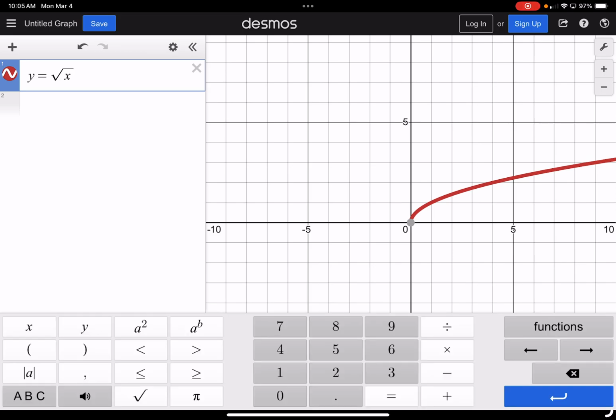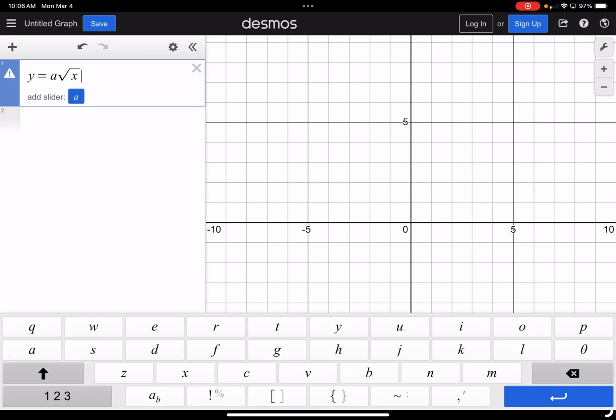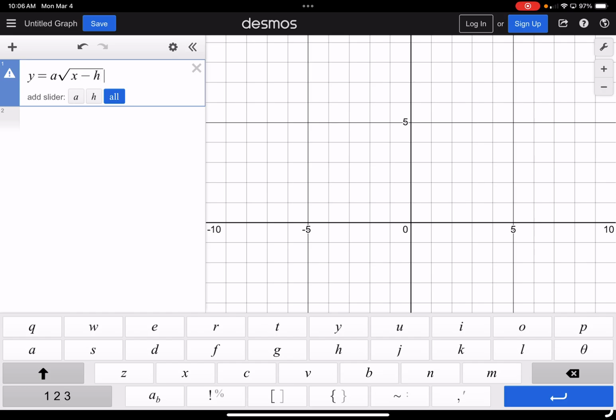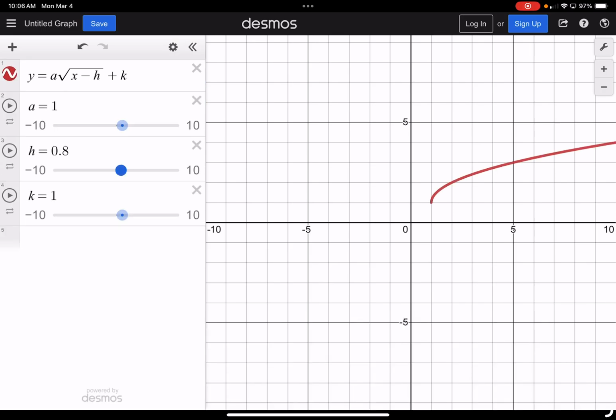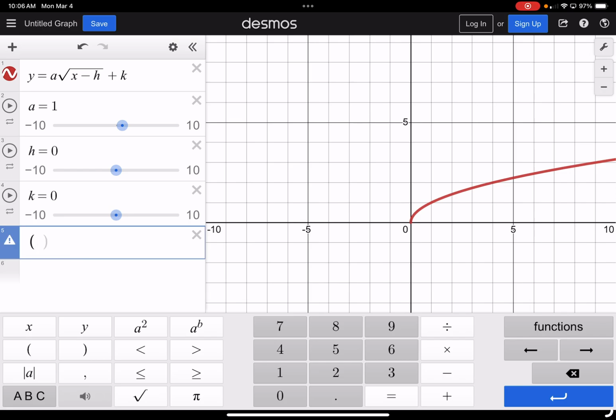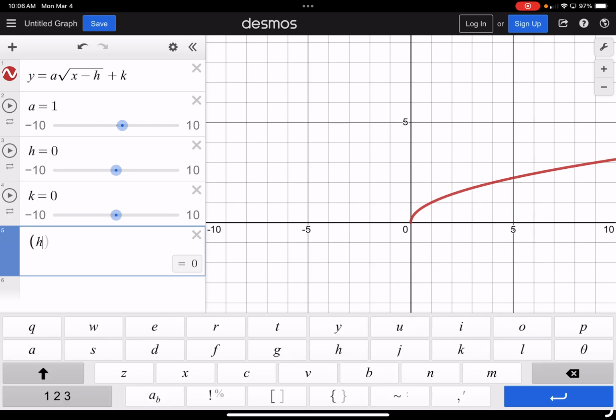Okay, when we are looking at the square root function and we're trying to make transformations of that square root function, you see as I'm moving everything back to its original position, I'm going to also graph the point h comma k. Okay, I'm going to label that.